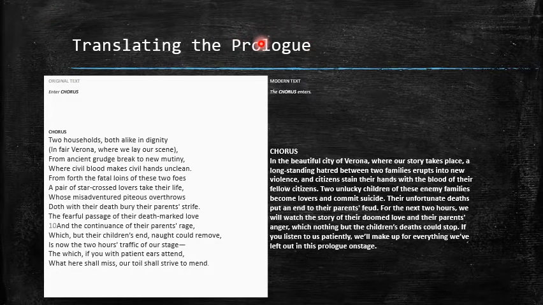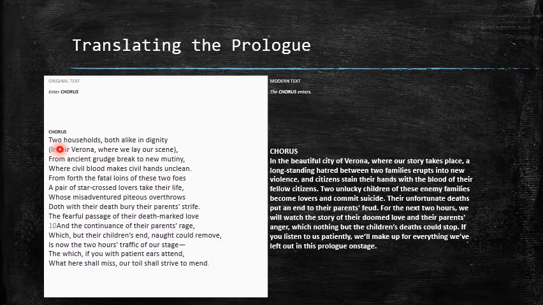A prologue is a separate introduction section that you will encounter before the actual play begins. Let's compare the old text, or the original text, to the modern text.